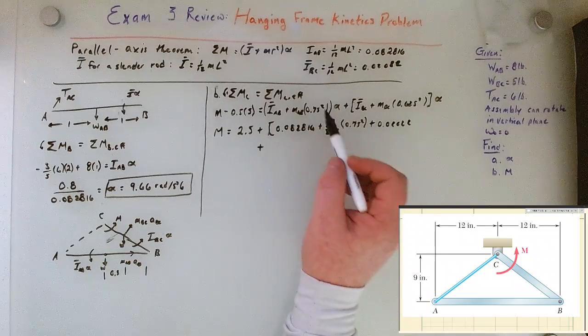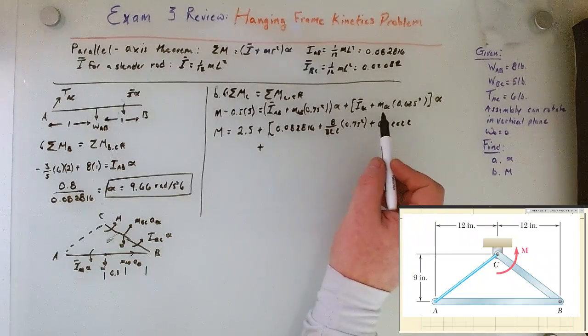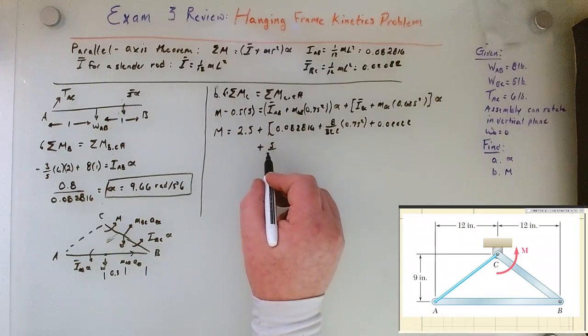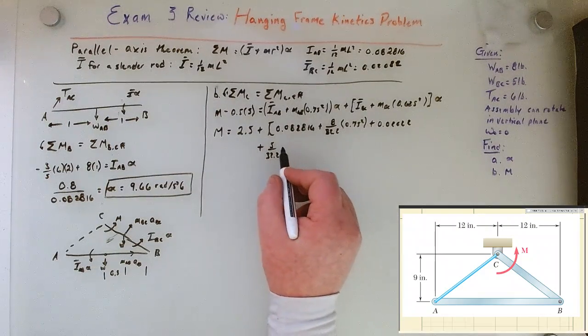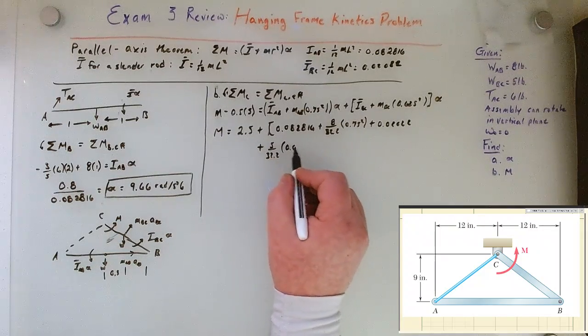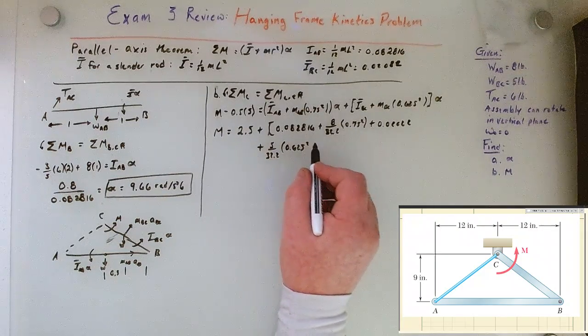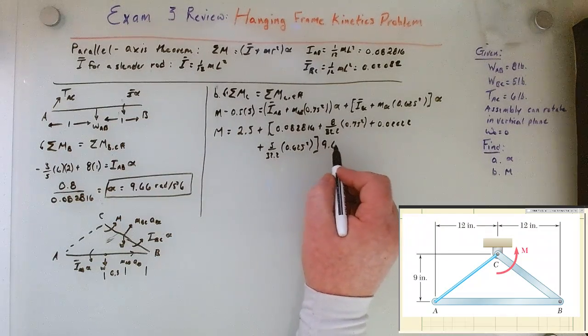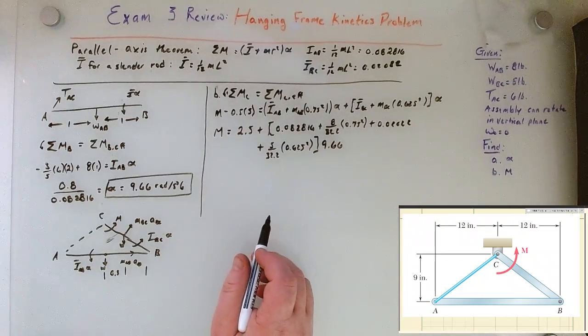So we got that, and then all we need is this final term, so MBC is 5 over 32.2, and that's going to be times 0.625 squared. Okay, and all of this is going to be times 9.66.